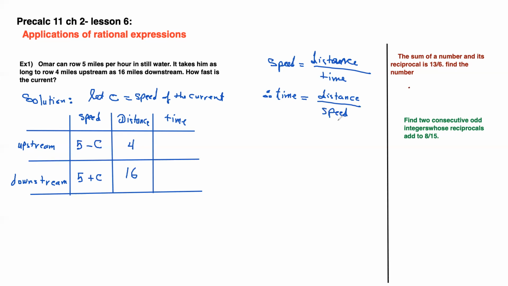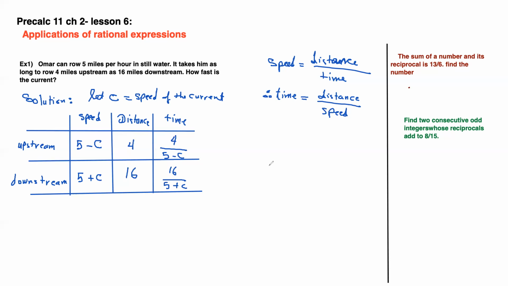So since the time is distance over speed, once we write these down, then we just solve this for time. And time here will be the distance, which is 4 over the speed, 5 minus c. And here 16 over 5 plus c. Now they said it takes the same time for 4 miles upstream as it takes 16 miles downstream.